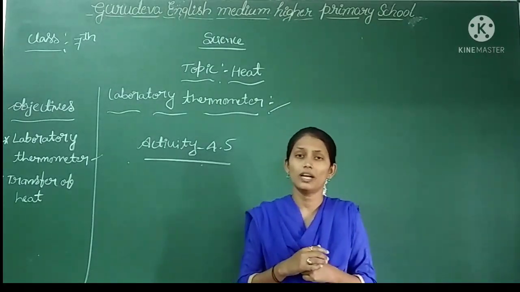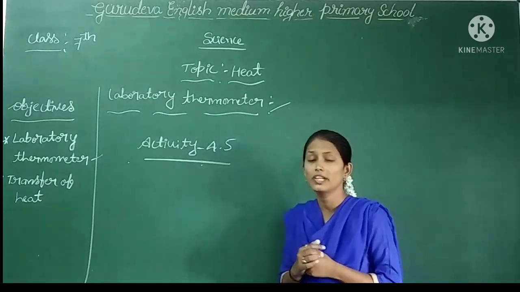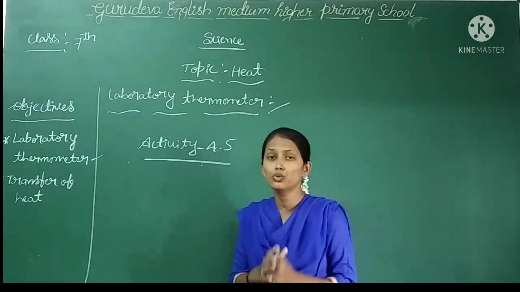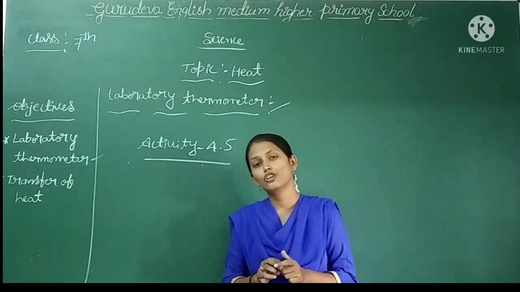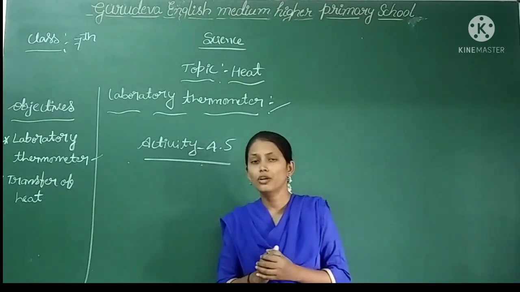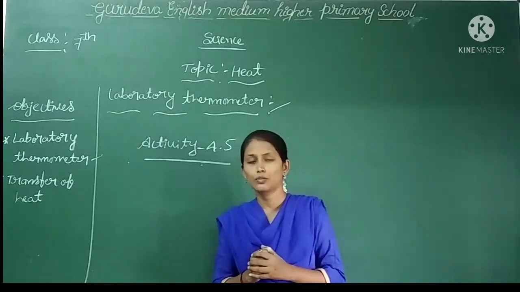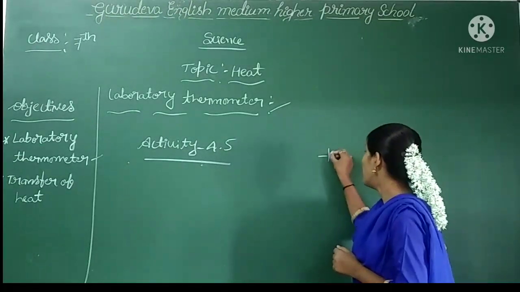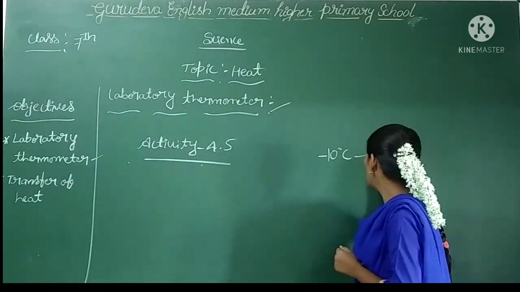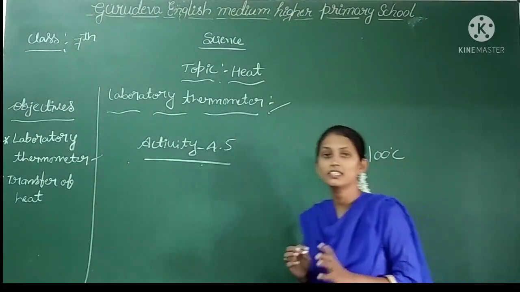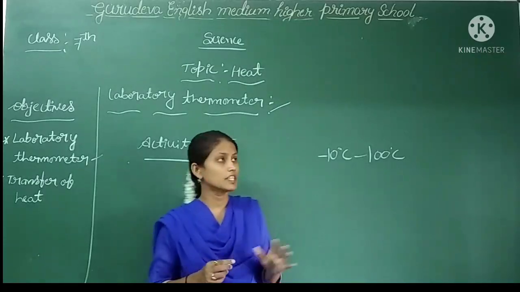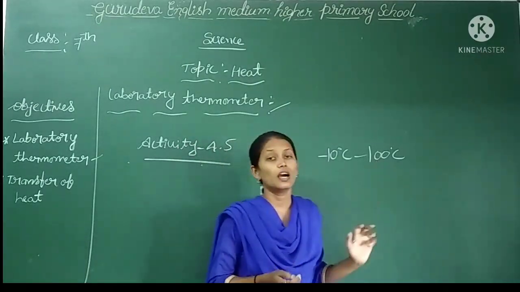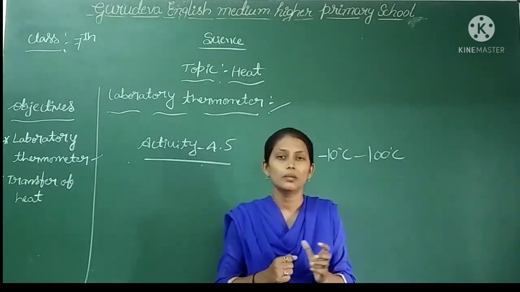Okay, doing these two activities, what we have concluded is that the laboratory thermometer is used to measure the temperature of objects, and you have also noticed that the temperature range of this thermometer is from minus 10 degrees Celsius to 100 degrees Celsius, right?